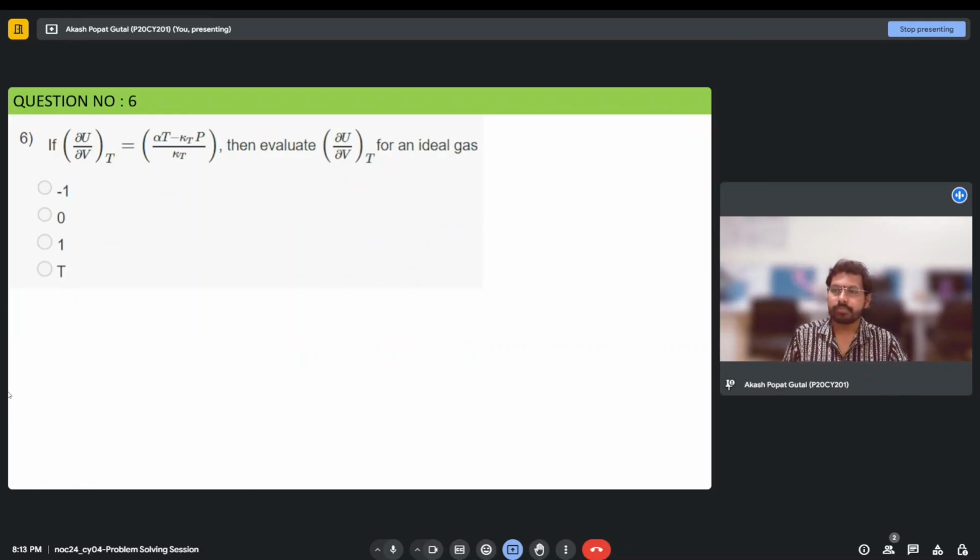So next question. If del U by del V at constant T is equal to (alpha T minus kappa T into P) by kappa T, then evaluate del U by del V at constant T for an ideal gas. It's simple, it doesn't even require any calculation.